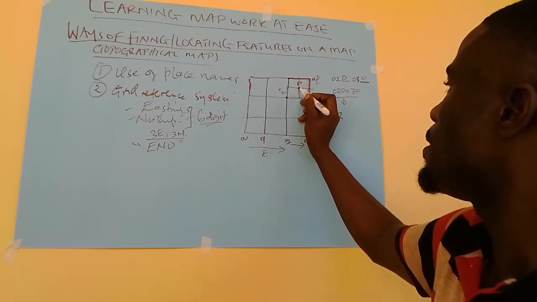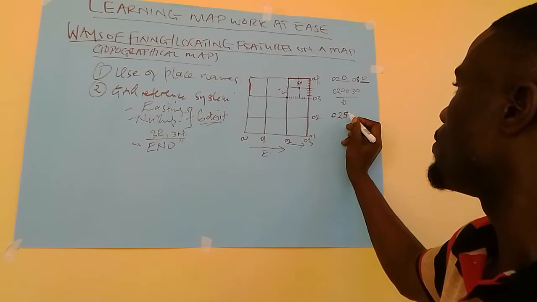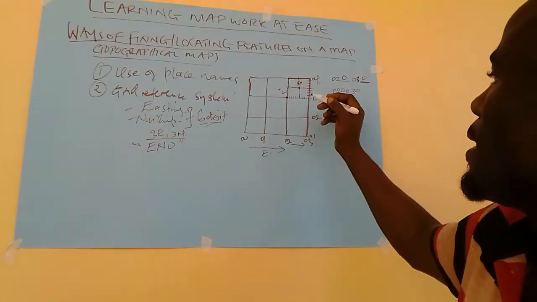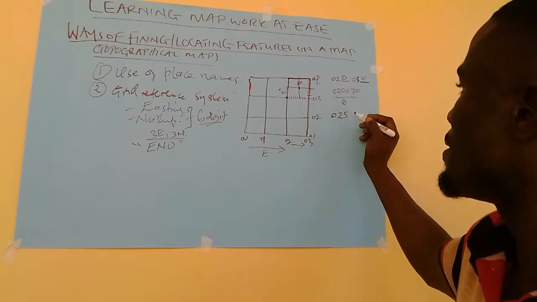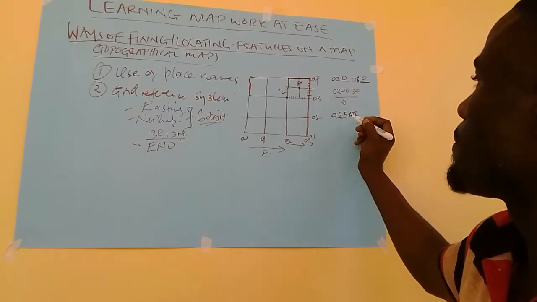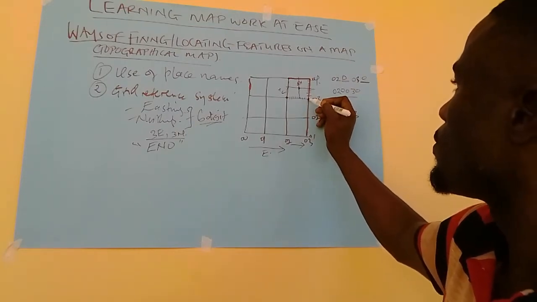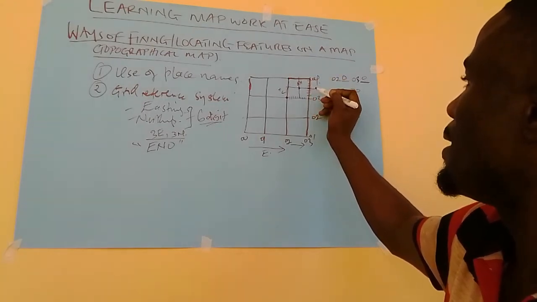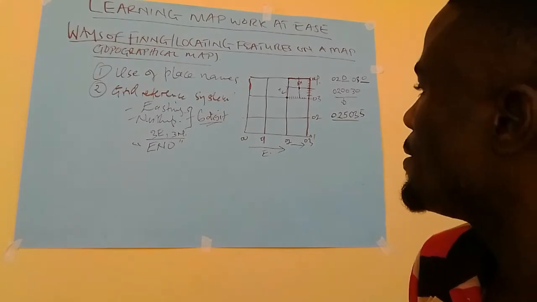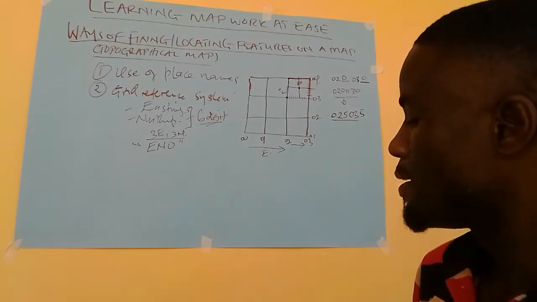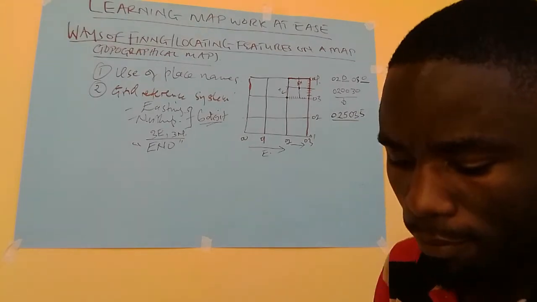That means if it is in the middle, it is going to be 5. Then northing, it has not moved from this box, it is still in 03. That means northing is 03. Then it has moved from here up to here, they are 10. Half is 5. So our grid reference is 025, 03, 5.